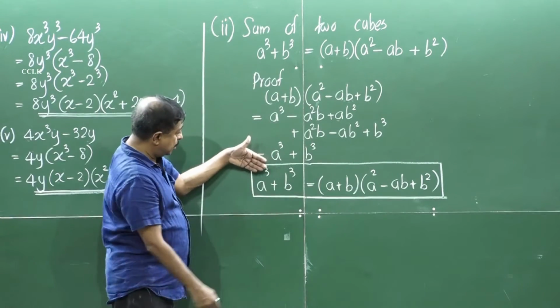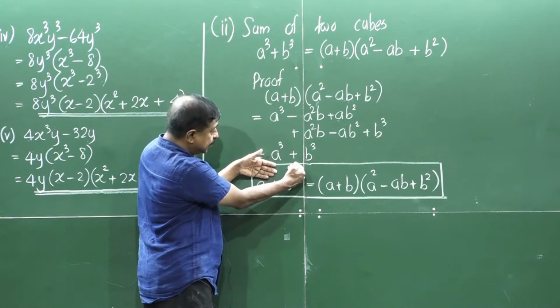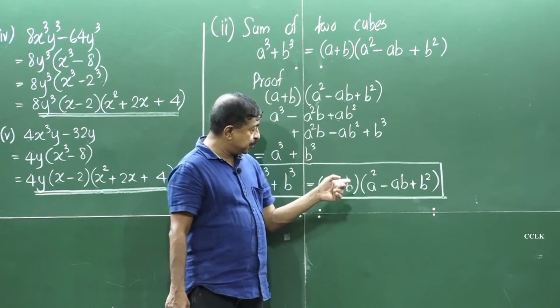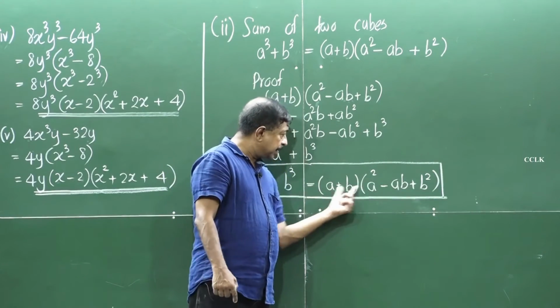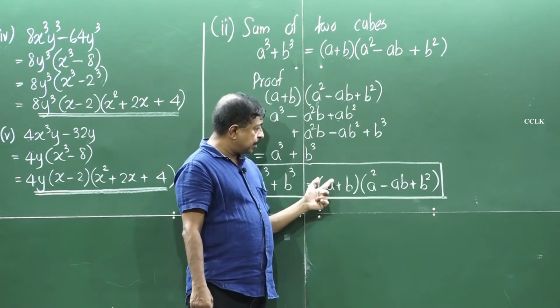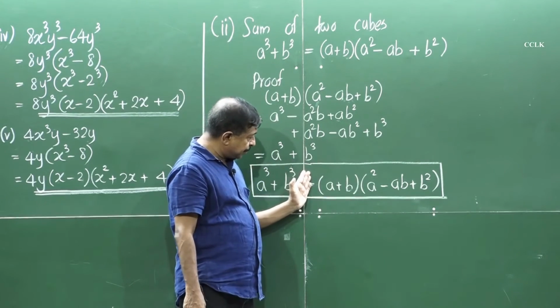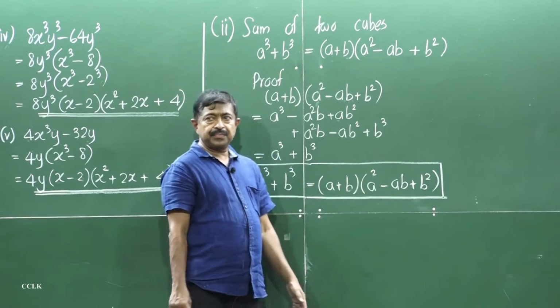Again, look, if you want to factor something like this, close these two. What you see is a plus b. Using this in the same fashion, you generate the other factor. Square this, get the product. Since the sign here remains unchanged, here you have to change the sign. You have to be fair.